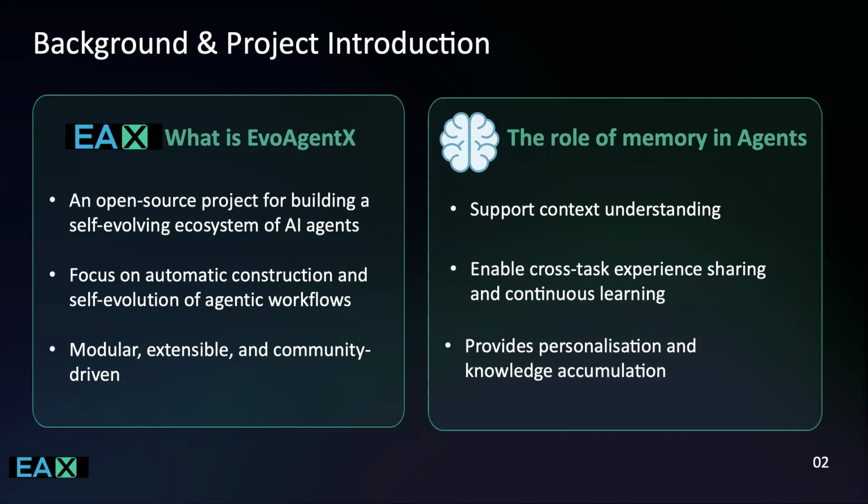A very obvious benefit from this is that if you have a successful experience in a previous task, then maybe you can use the successful experience in the current task to obtain better performance. And finally, memory provides some personalization capability and also knowledge accumulation. By using this kind of memory, you can customize your own agent and provide some personalized outputs.